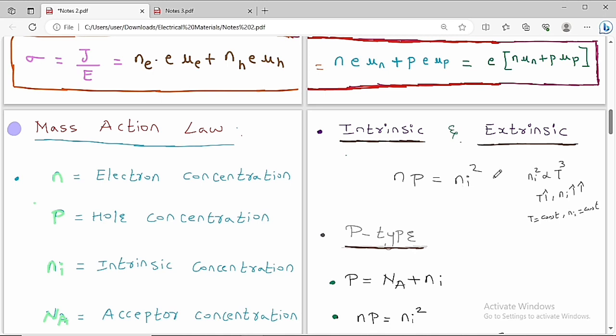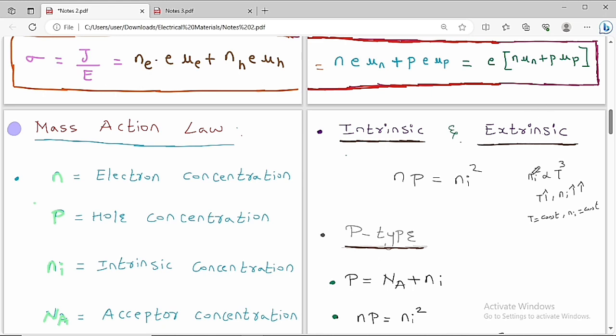So therefore, I can say that at constant temperature, the product of the electron concentration and the hole concentration is always constant. So remember this one. At constant temperature, the product of the electron concentration and the hole concentration is always constant for both the intrinsic semiconductor as well as the extrinsic semiconductor.